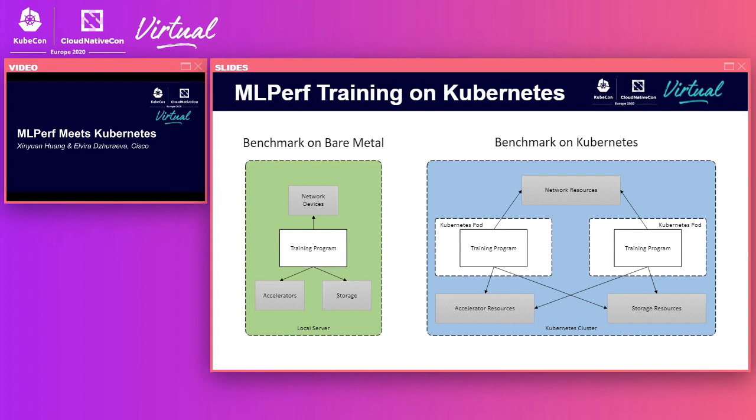And also the setup of shared hardware resources such as accelerators, network devices, and storage devices that are now managed and allocated by Kubernetes. So here are a few things that we want to take into consideration if we want to maximize the performance when adapting MLPerf training workload on Kubernetes.